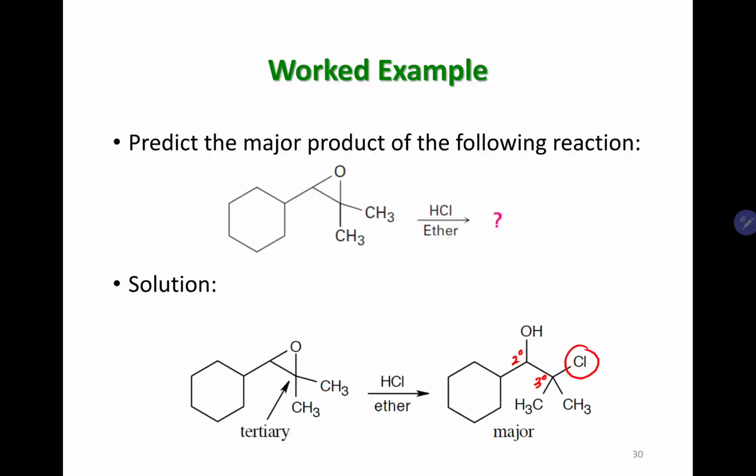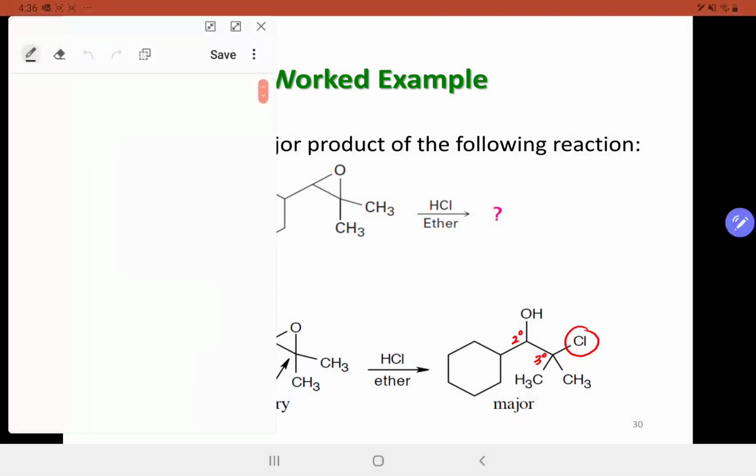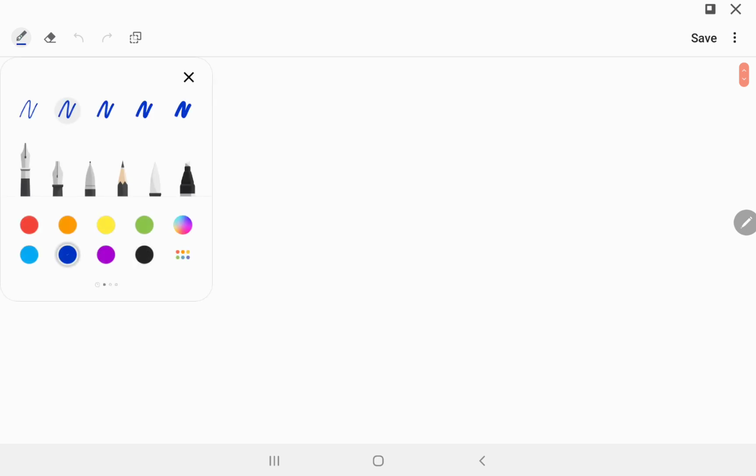All right, let's do another example. Let's have an epoxide. Here is our epoxide.